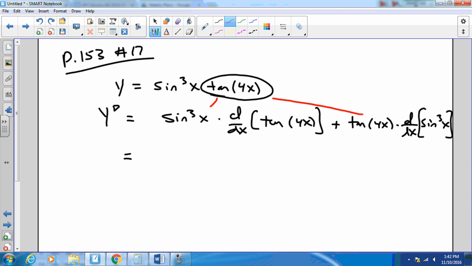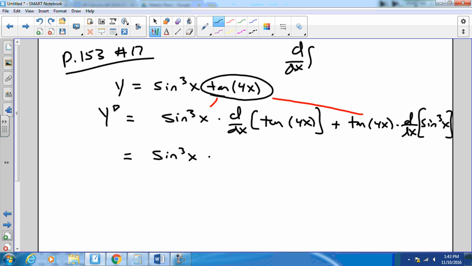So I can focus on just the derivative of tangent 4x without worrying about anything else. Outside is tangent, inside is 4x. So we get tangent 4x times 4.